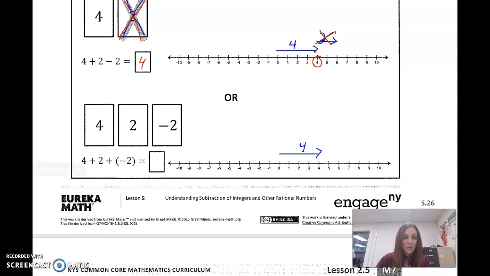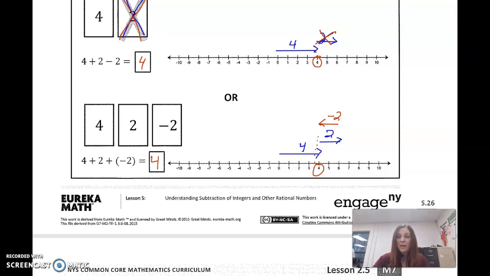Then I'm going to add 2 to that, so from here I'm going to go to the right 2. And now I want to add on a negative 2. From here, what happens if I add 2 units to the left? Where do we end up? We end up at 4.